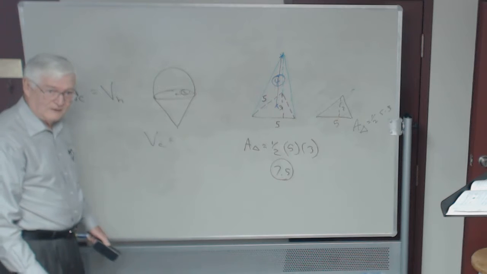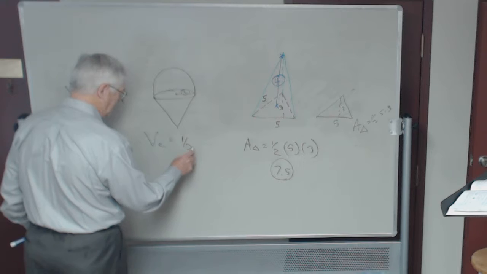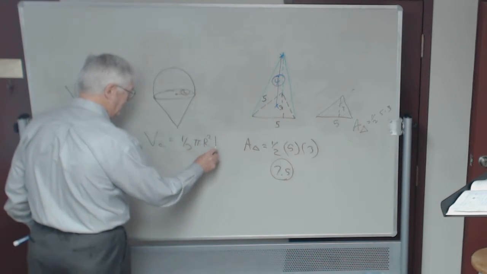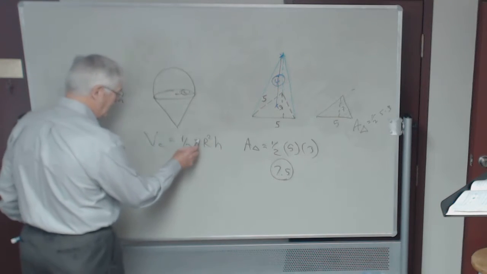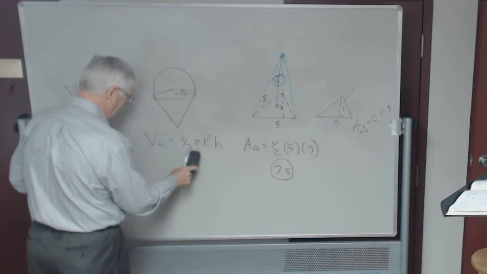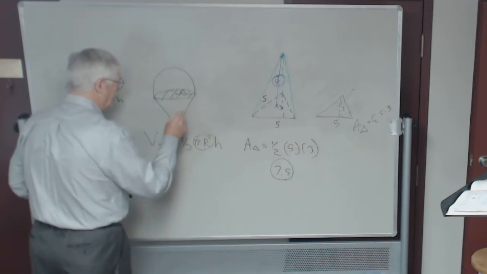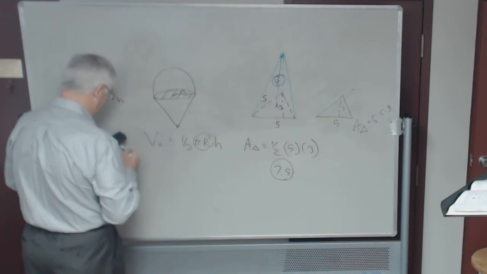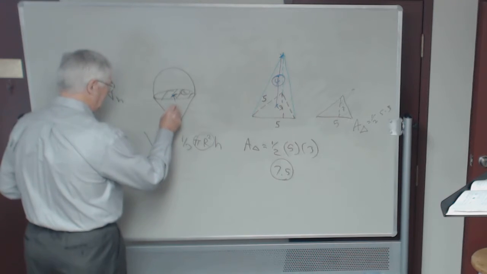The volume of a cone is V equals 1/3 times pi times radius to the second times h. Times what? H. Everybody have that down? See, the pi r squared, that's the circle. Okay? And then the h, I better change colors here. The h is this height.